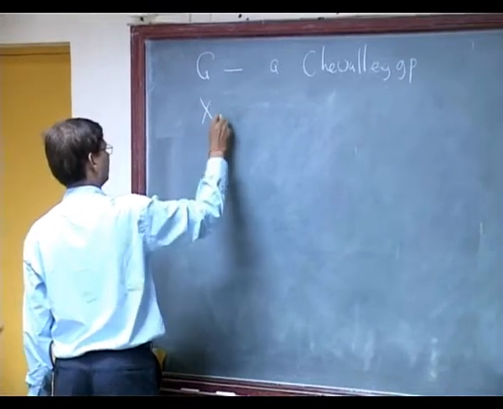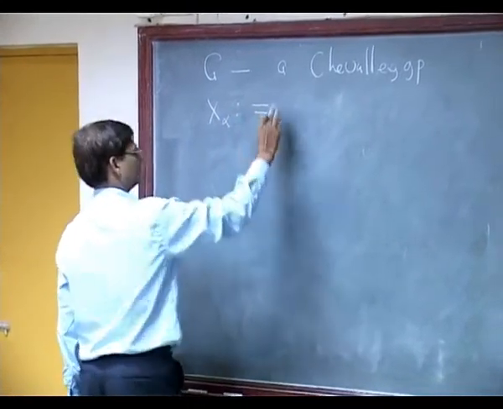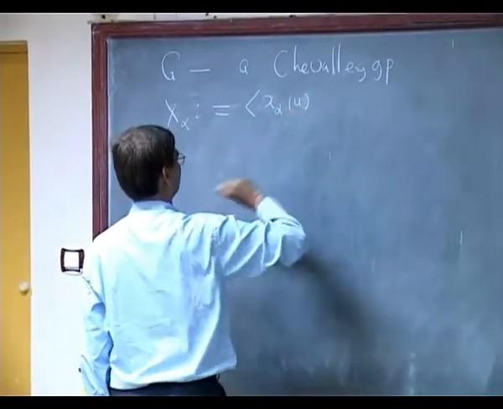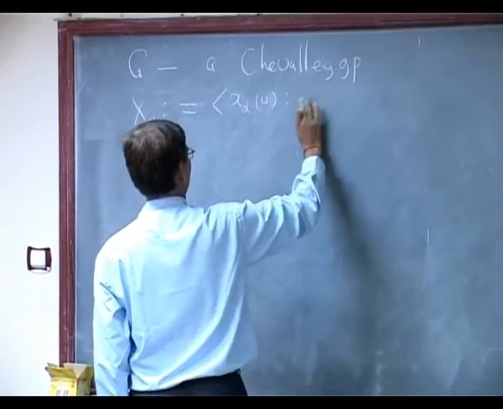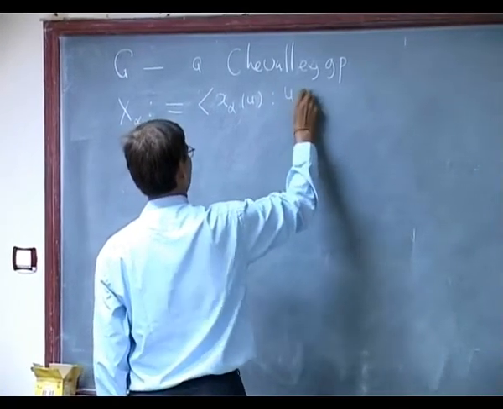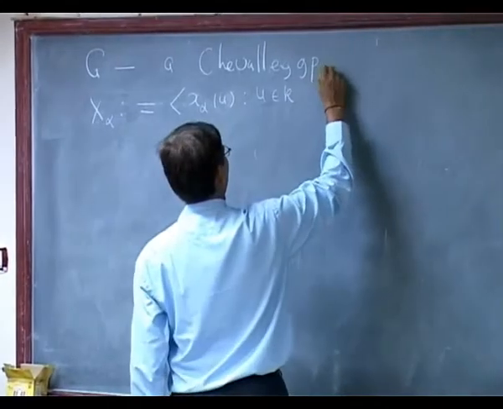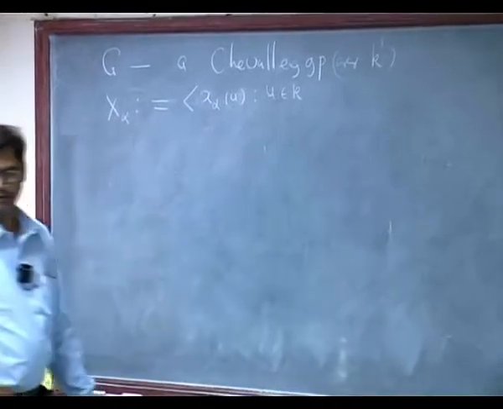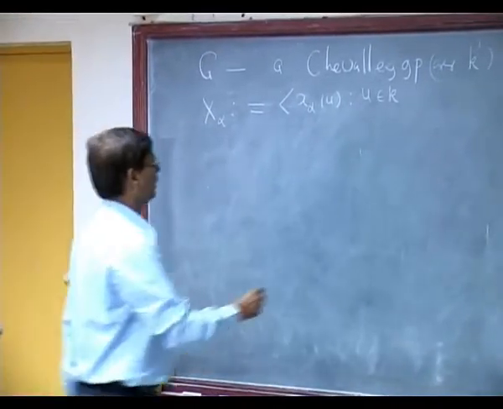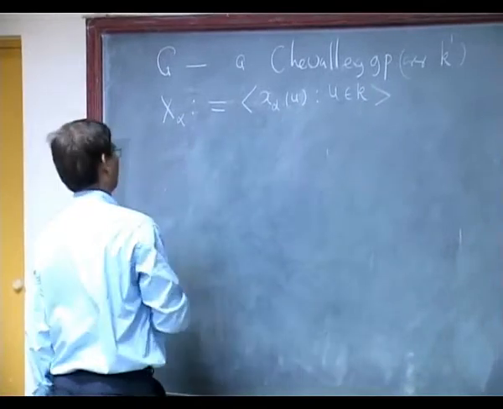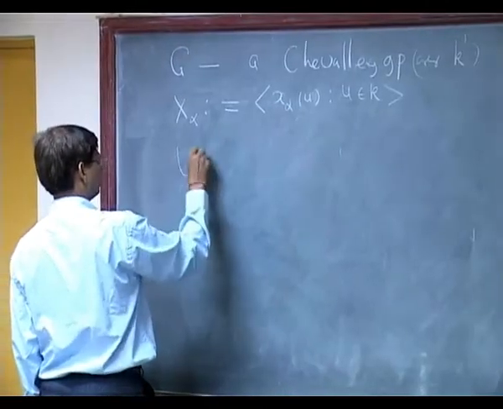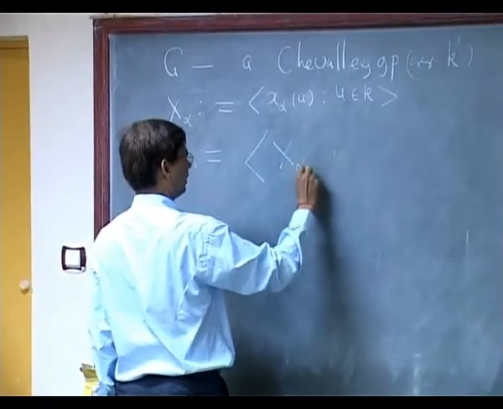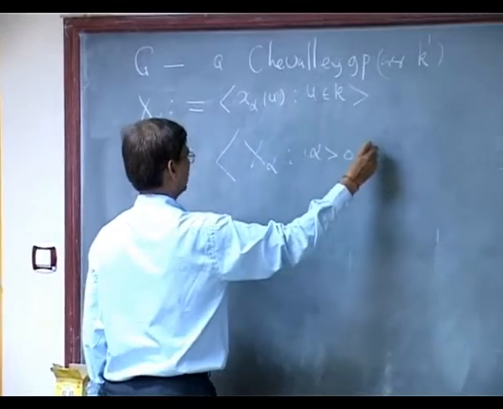You define X alpha: the definition is the subgroup generated by all elements of the form X alpha of u, where u belongs to your field K, in some representation. And now define U to be the subgroup generated by X alpha for alpha a positive root.